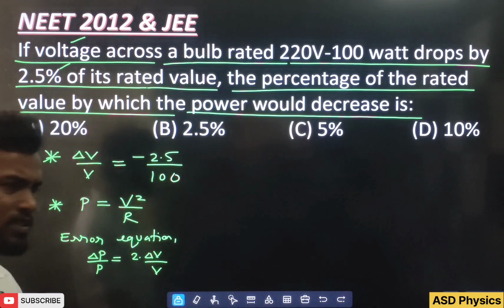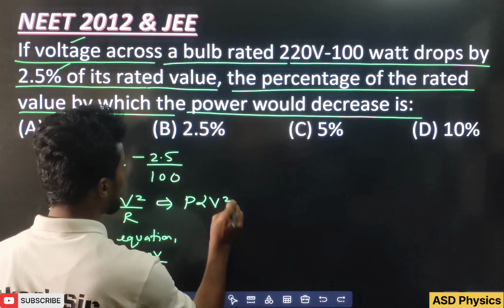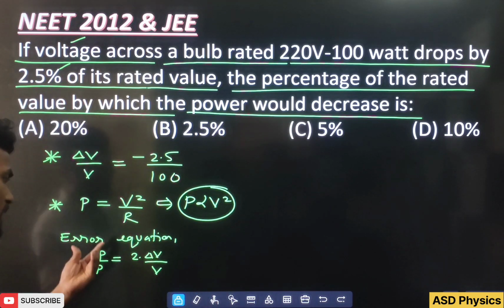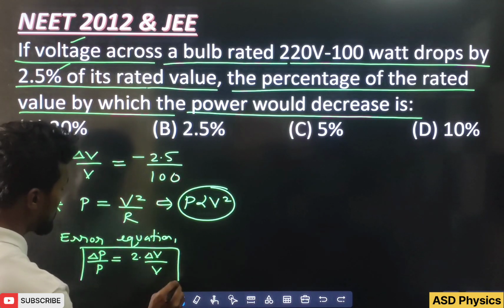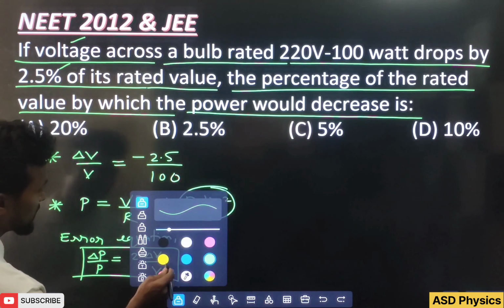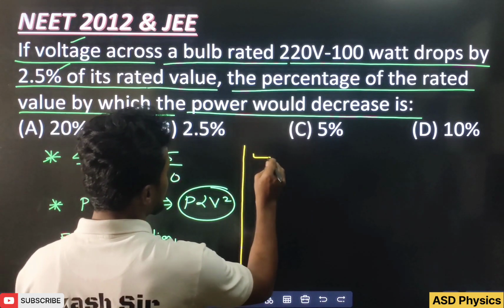Resistance nothing is given, which means no change in the resistance. To be more specific, you can write P directly proportional to V square. This is the main formula, but remember that this is valid up to 10%. Otherwise, we have to go by the very general method.